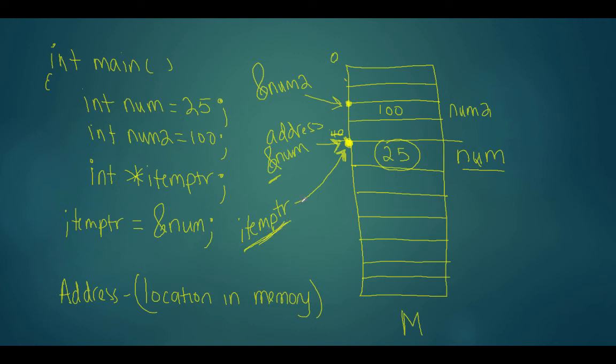So I can turn num into an address or a pointer by putting an ampersand in front of it, and I can turn item pointer into an integer, because it's an integer pointer, by putting an asterisk in front of it. So that would be value at. That's how you read this. You read it as value at item pointer.